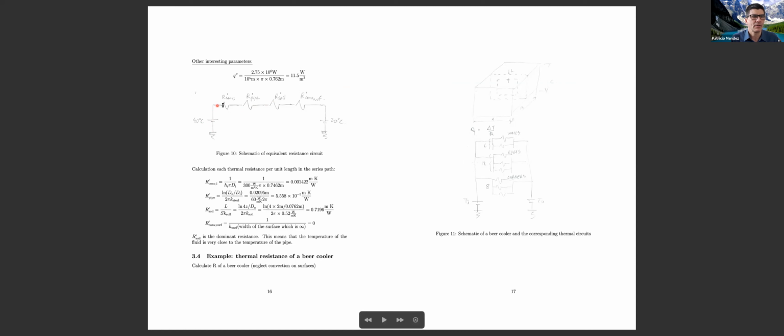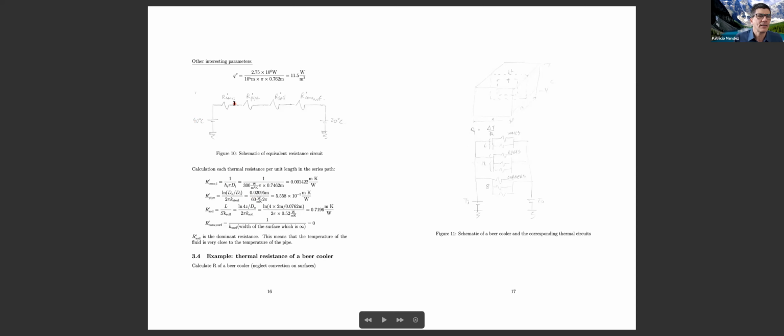We would have the thermal resistance of convection of the pipe inside, the thermal resistance of conduction through the pipe, the thermal resistance of conduction through the soil, and then the thermal resistance of convection outside on the surface towards the air on top. So let's say now that the air outside the pipe was at 20 degrees C, and let's say the fluid was more or less at 40.